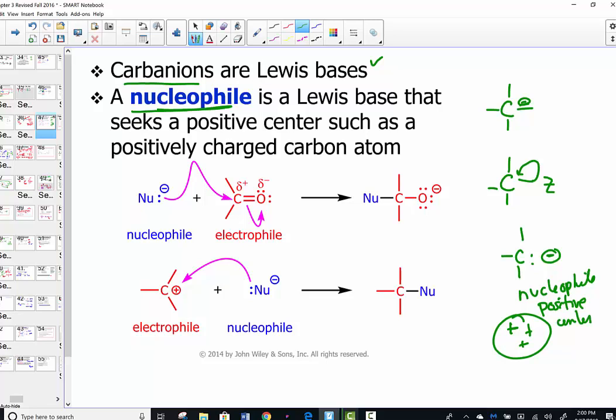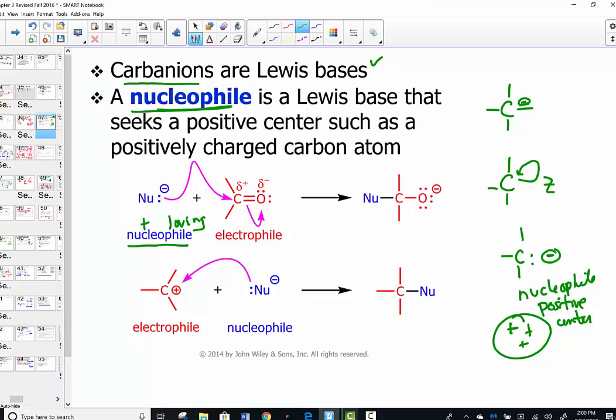And if the nucleus is positive, this electron-rich area is going to seek a positive charge. Nucleophile, positive loving. Think of it that way. Nucleus is positive, phile means loving. A nucleophile is seeking a positive region.